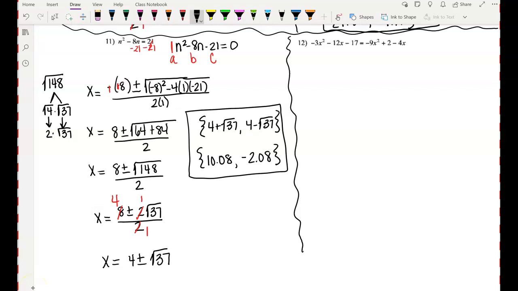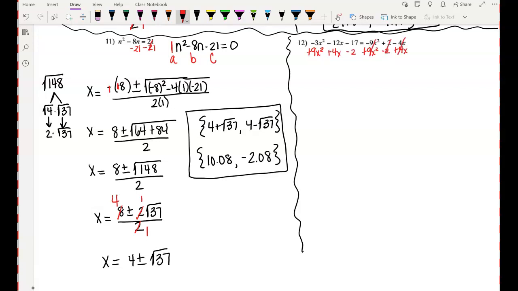Number 12, negative 3x squared minus 12x minus 17 equals negative 9x squared plus 2x minus 4x plus 2 minus 4x. So we have to add 9x squared to both sides. We have to add 4x to both sides and subtract 2 from both sides.